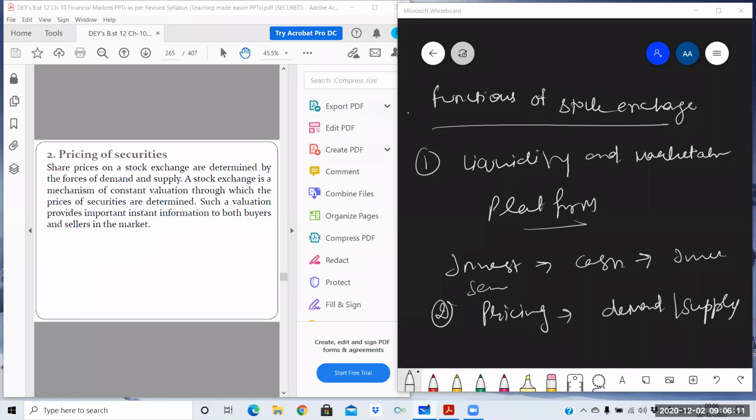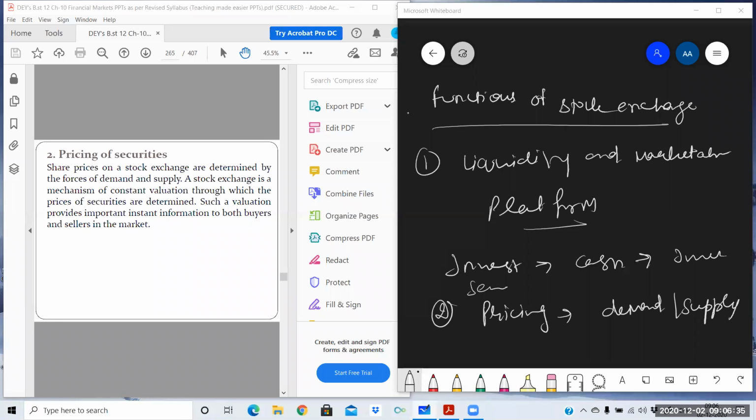The dividend declared by the company is very high, and the company is going to issue bonus shares. It is a rumor in the market that this particular company will be issuing bonus shares by the end of this year, as it has made a good amount of profit. So everyone will be interested in buying the shares of that company. Demand will suddenly be high, but the supply will not be high, so it will create an increase in the price of the shares.